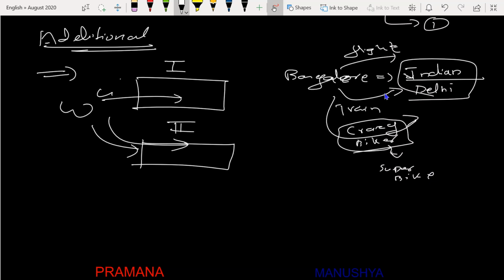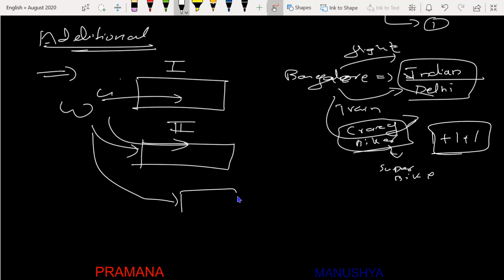Here there are three ways, so the total ways will be 1 plus 2 plus 3. You will add here, right? In the flight he can go with SpiceJet or Air India or Indigo, so here it is three.